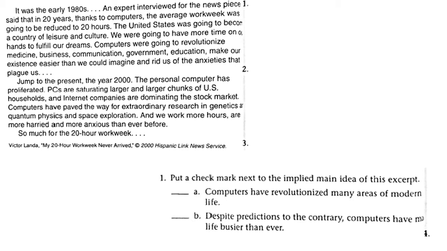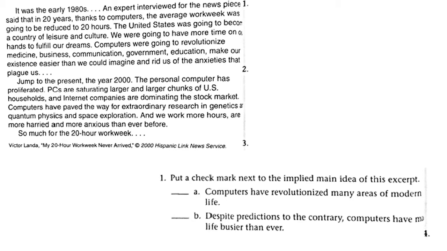PCs are saturating larger and larger chunks of United States households, internet companies are dominating the stock market. Computers have paved the way for extraordinary research in genetics and quantum physics and space exploration. And we work more hours and are more harried, more worried than ever before. So much for the 20-hour week.